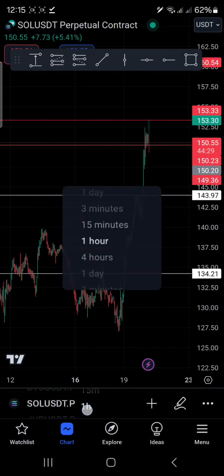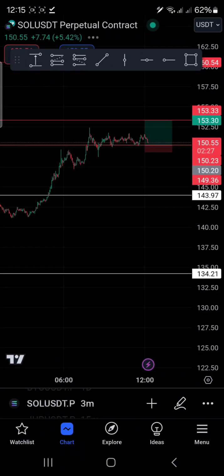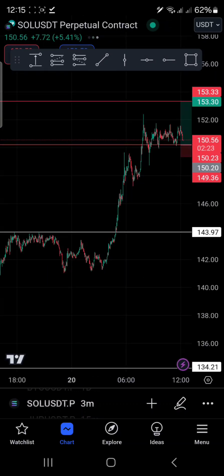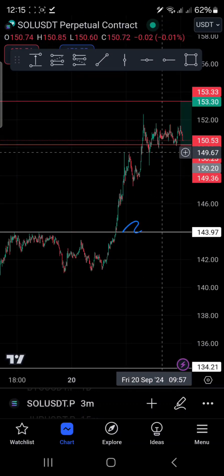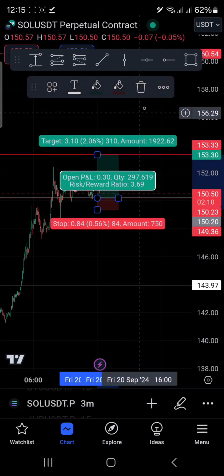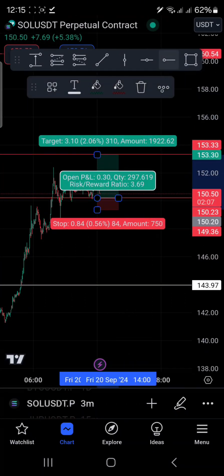So we'll now go all the way down to 3 minutes. Now let's assume that we are trading this breakout at 1 a.m. midnight, when the previous candle is going to close. So here we're going to have this.